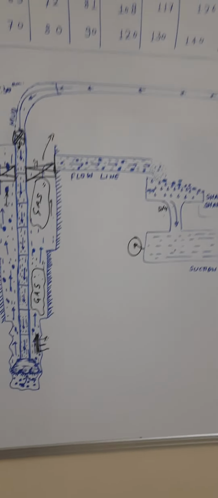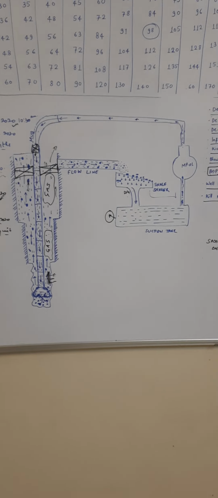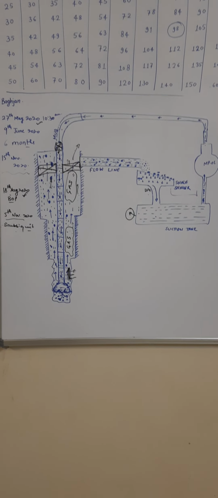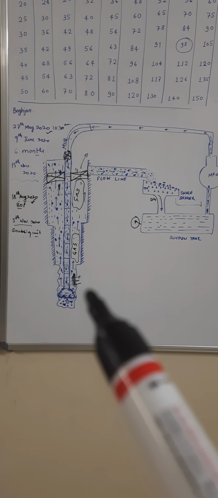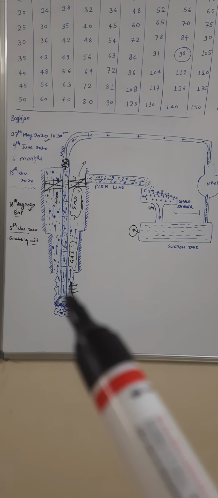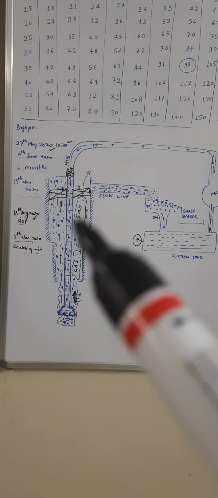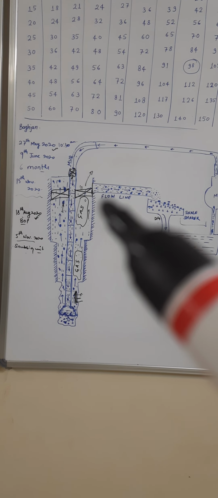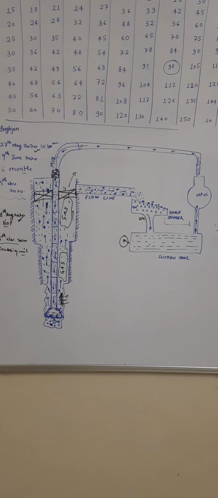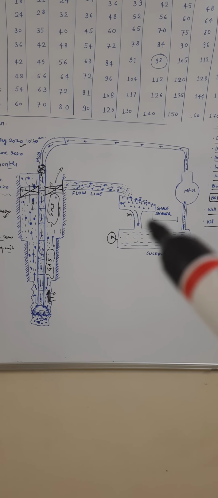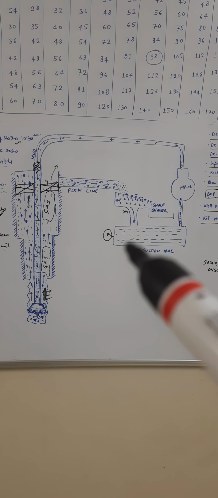So this is all about kick and blowout. In layman language, you can see during normal operations, some influx from the fresh formation enters into the well, and that gets expanded as it moves up, or as it migrates, which creates some volume changes, from which we get the first indication that something has entered into the well.